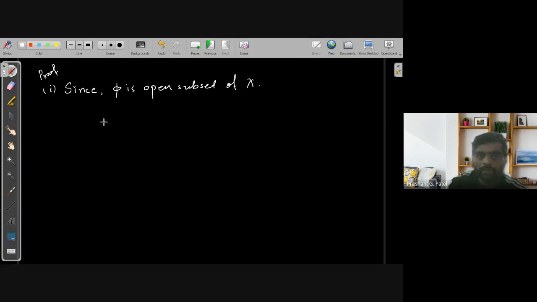And in the previous lecture, we have proved that A is open if and only if interior of A is A. This was the result we will use here. So therefore, interior of phi will be phi.